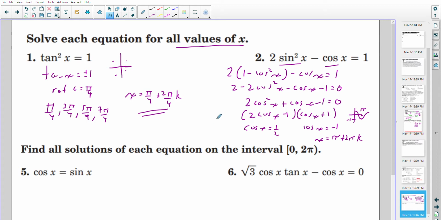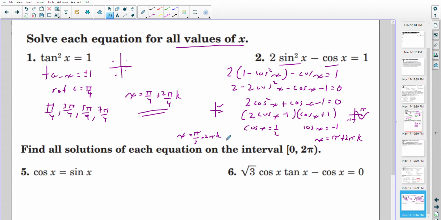And secondly, where it's positive, using SATC, it's going to be in the first and the fourth quadrant here. So x equals, in the first quadrant, pi over 3 plus 2 pi k.